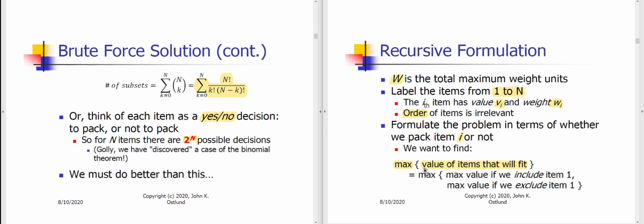What we're really trying to compute is the maximum of the maximum value if we do include item 1 in our knapsack, or the maximum value if we exclude item 1 from our knapsack. That reduces the entire problem to just making a decision about item 1, and then recursively making that same kind of decision about each of the other items in turn.